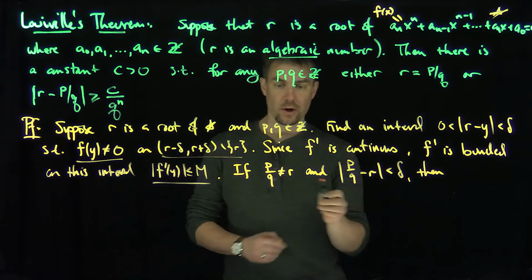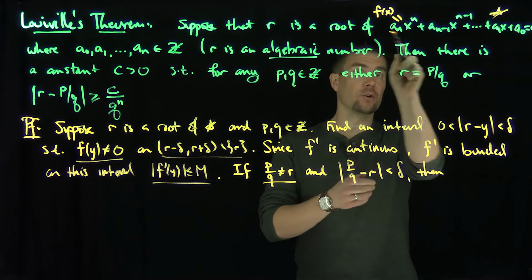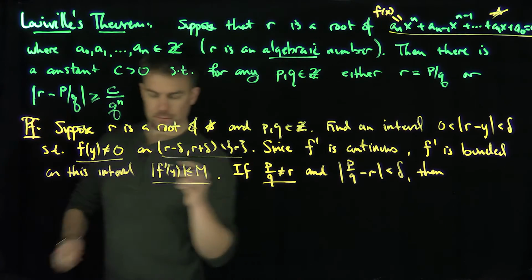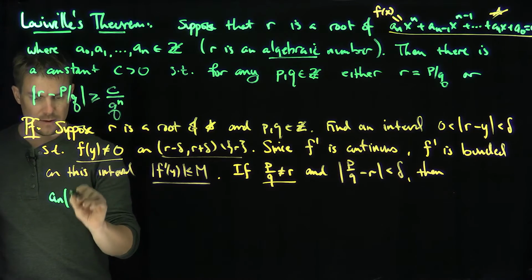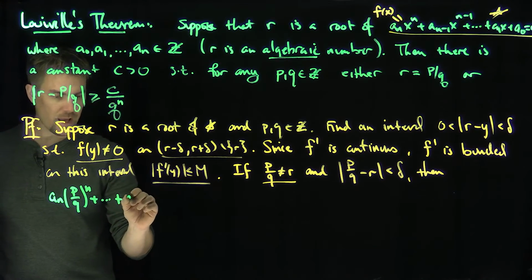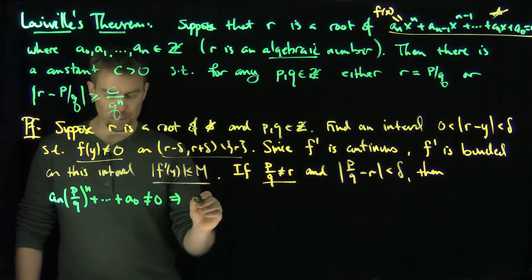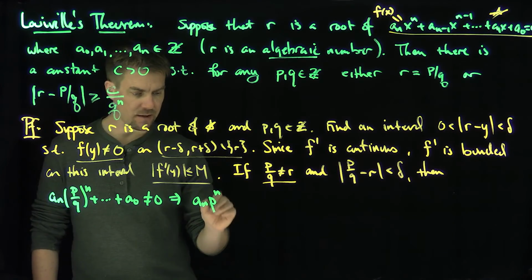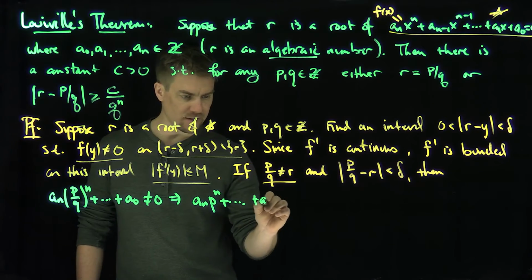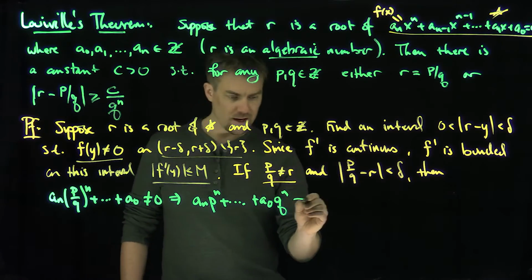Since p over q is not equal to r, and it's in this interval, we know that this polynomial will not evaluate to 0. So we conclude that a_n (p/q)^n + ... + a_0 is not equal to 0, which also implies, by multiplying by q to the n, that a_n p^n + ... + a_0 q^n is not equal to 0.